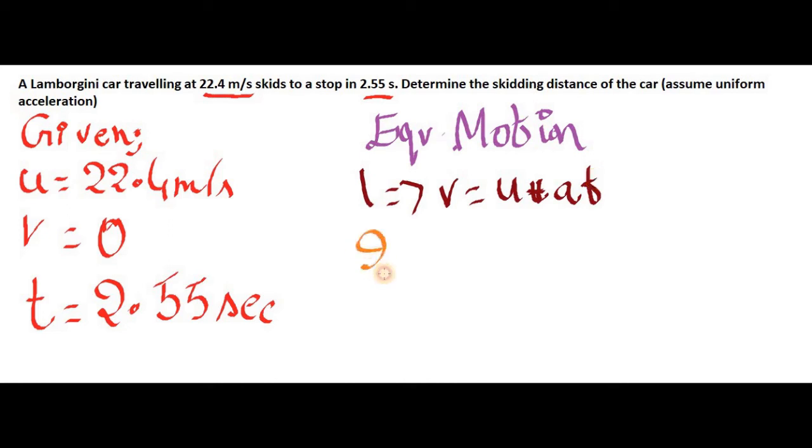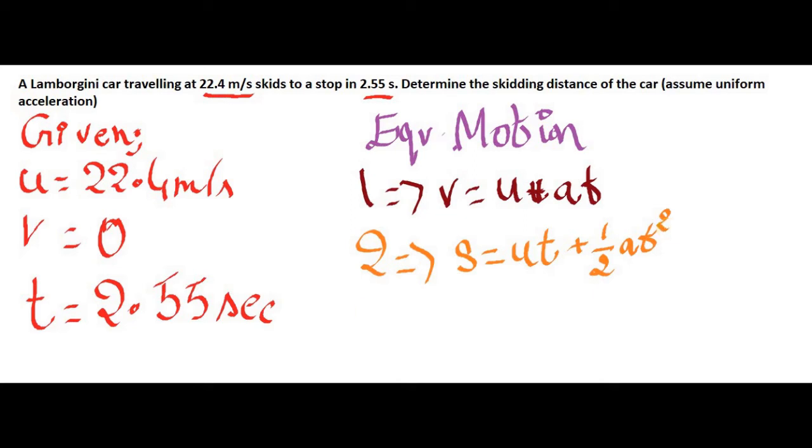And the second equation of motion that we have is s = ut + half at square. So this is our second equation of motion.